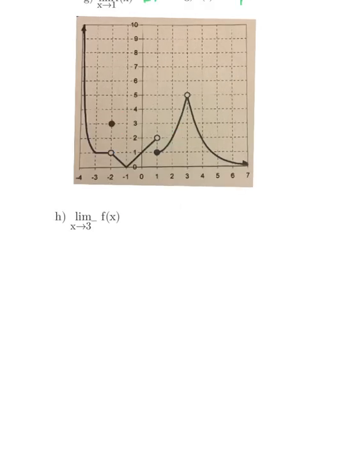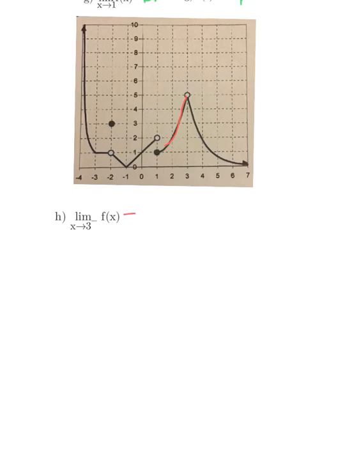I was running out of space, so I have put a clean version of the picture in here to start again, and we are looking at H, where we are asked to find the limit as x approaches +3 from the left of this function. As we come at +3 from the left, what y value are we getting closer and closer to?